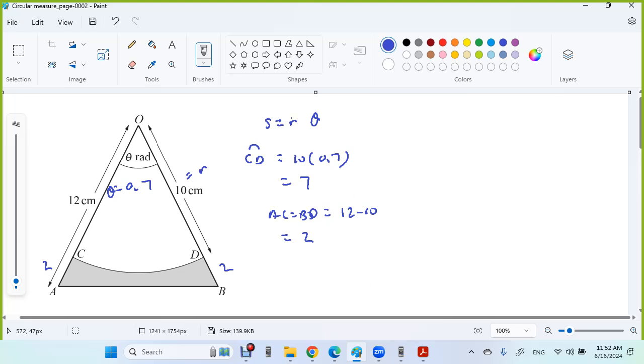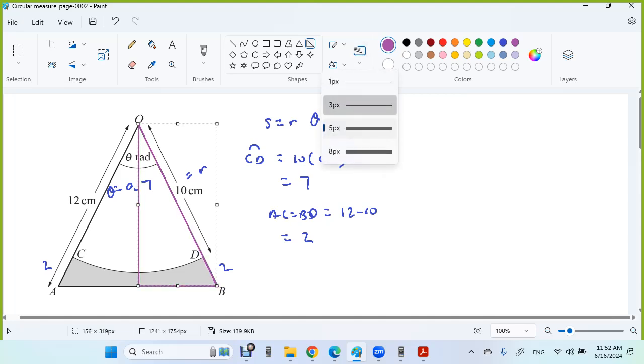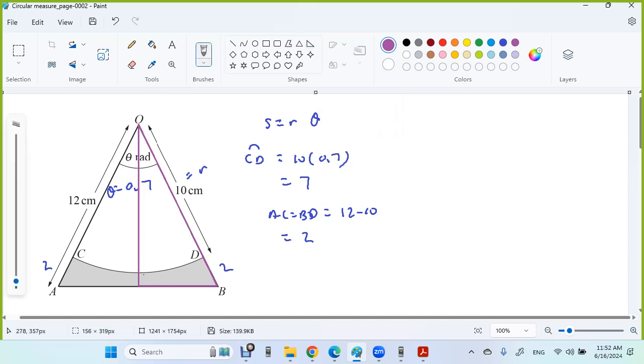And we want to find the value of AB. So to find the value of AB, we have a right angle triangle here. For this right angle triangle, this is 0.35 radian, and over here is 12. 12 is the hypotenuse, and this is the opposite.